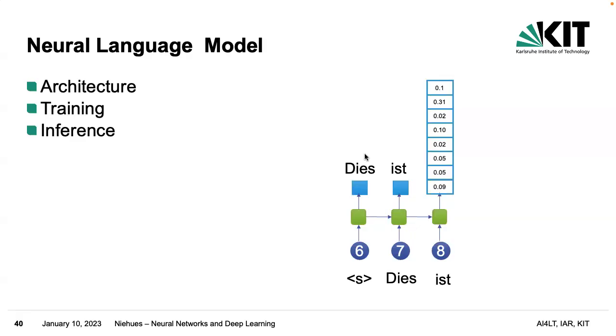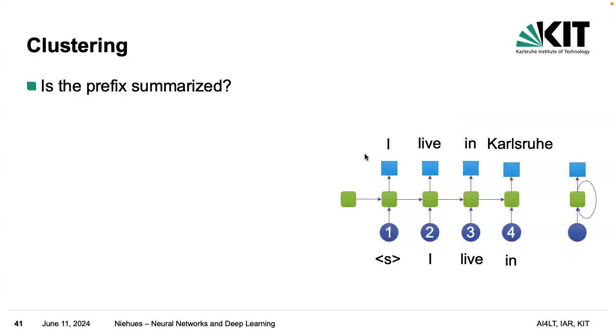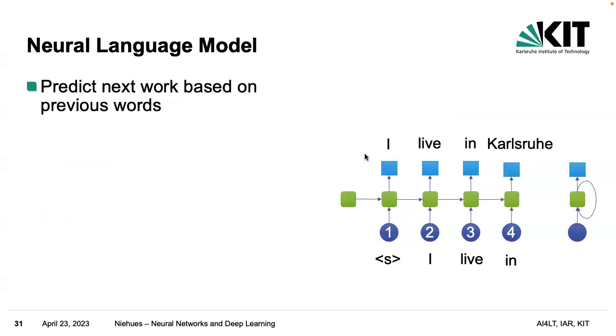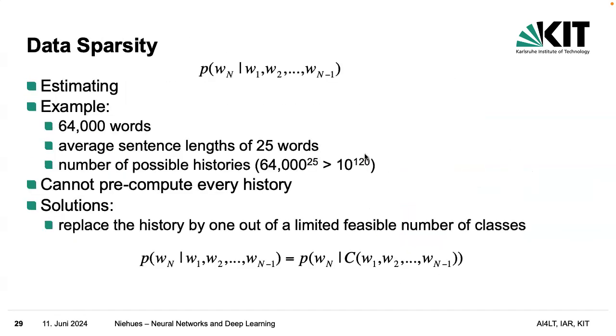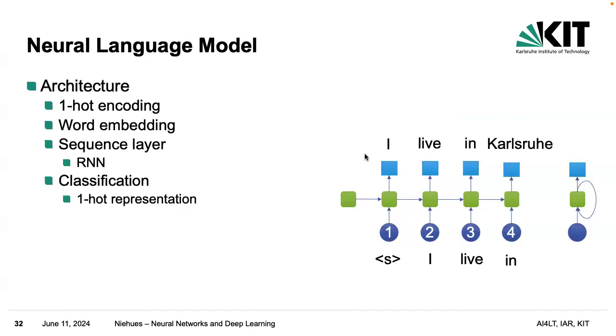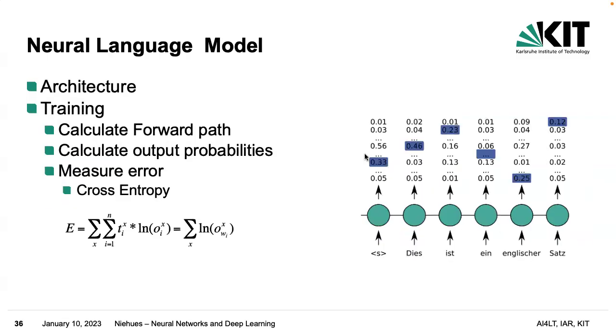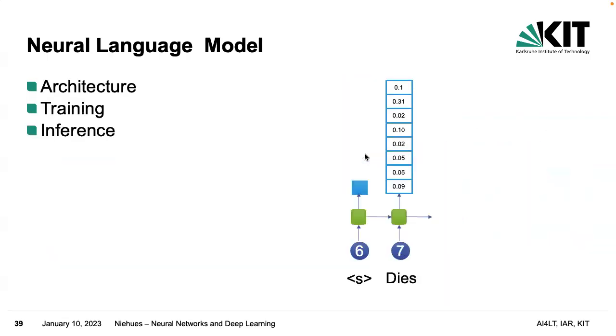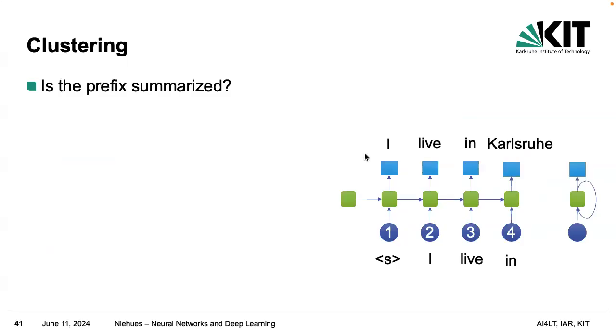Then, one last question about the type of clustering we had before. If you remember the language modeling we had before, we said that we somehow have to cluster all our histories into some classes because we can't estimate the full probability. So the question is now, did we solve this problem?